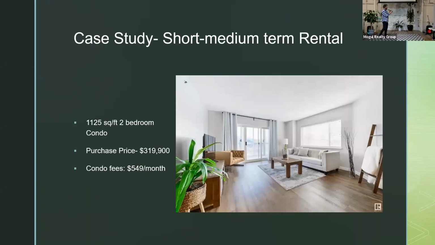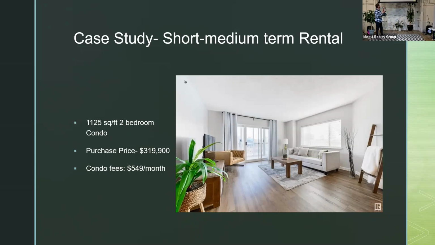Next is a short, medium-term rental. This is in the Jasper Ave area, kind of close to the LRT. Good spots. Typically in the older buildings, you're getting a larger square footage. If anybody's been into the Legends building, the 1 beds, even the 2 bedrooms, they're so small. They're definitely Vancouver style.